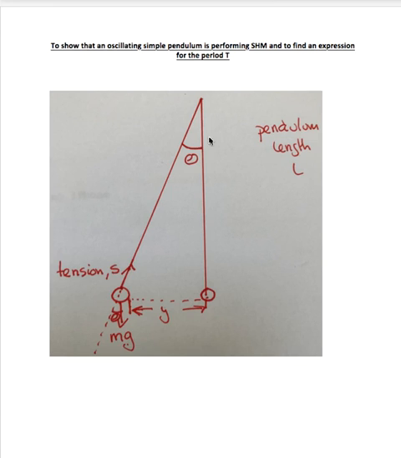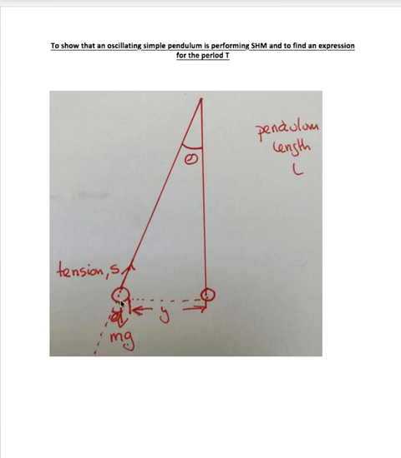So here we have a simple pendulum, length L from the center of mass of the bob to the point of suspension. I'm calling the tension in the string here S to avoid confusion with the period T. The mass of the bob M then produces a weight mg due to gravity.